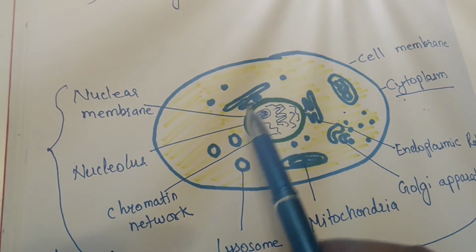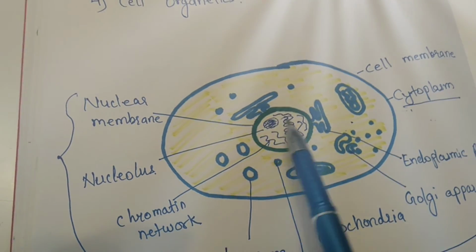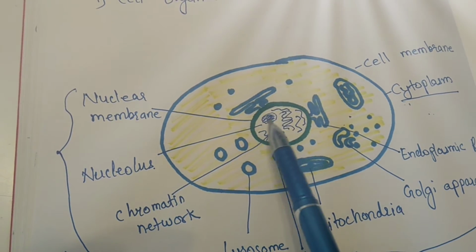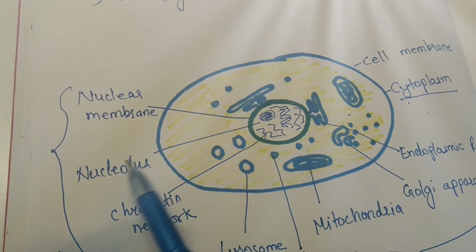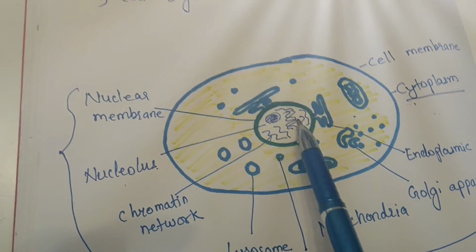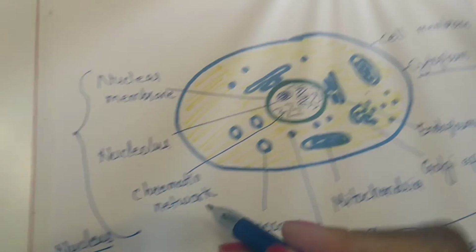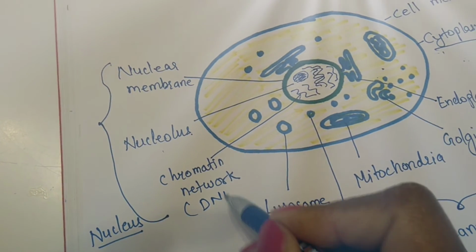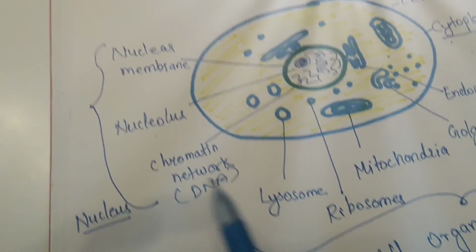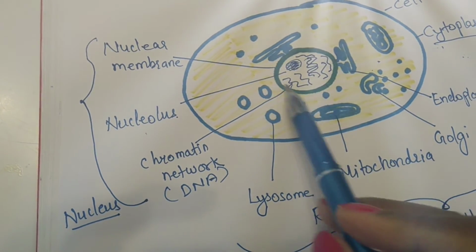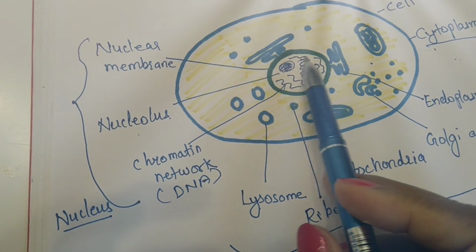And the nucleus, which has an outer covering called nuclear membrane and a dense structure called nucleolus, and thin thread-like structures called chromatin networks, which have the genetic material DNA present in it, and they all form the main important part of a cell called nucleus.